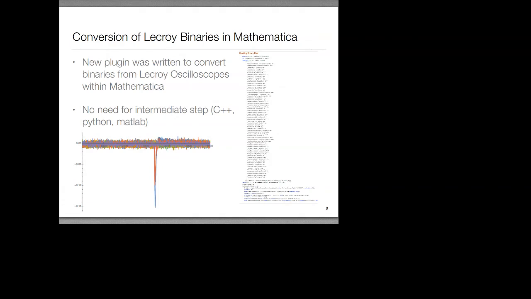So you don't have to have an intermediate step to transform your binaries from within C++, Python, or MATLAB to Mathematica readable code. And this was done by Jesus Hernandez from Wolfram.